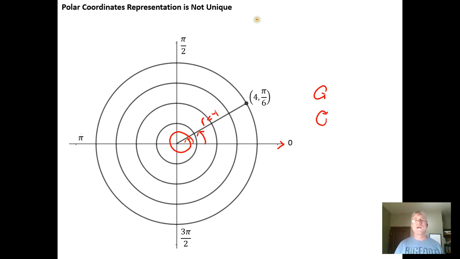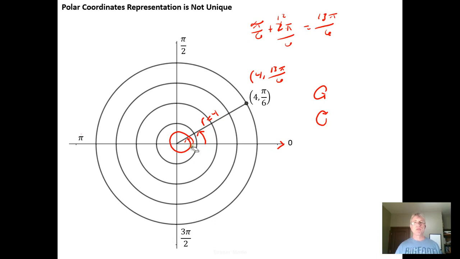So in other words, we know that pi over 6 plus 2 pi, which is the same as 12 pi over 6, equals 13 pi over 6. We know that 13 pi over 6 is coterminal with pi over 6. So we could represent this point as (4, 13 pi over 6).